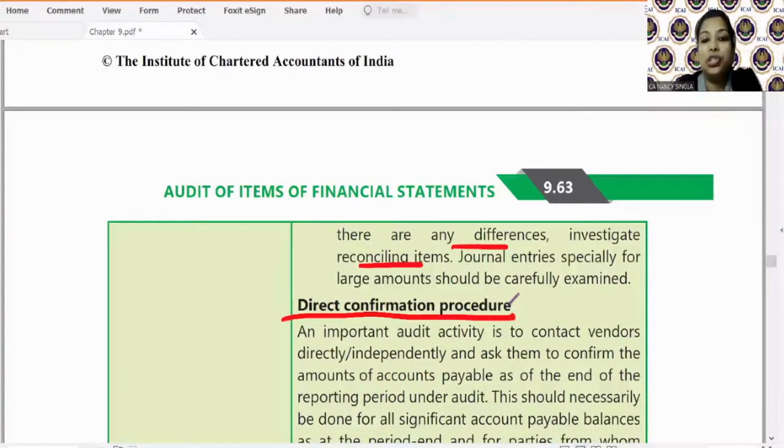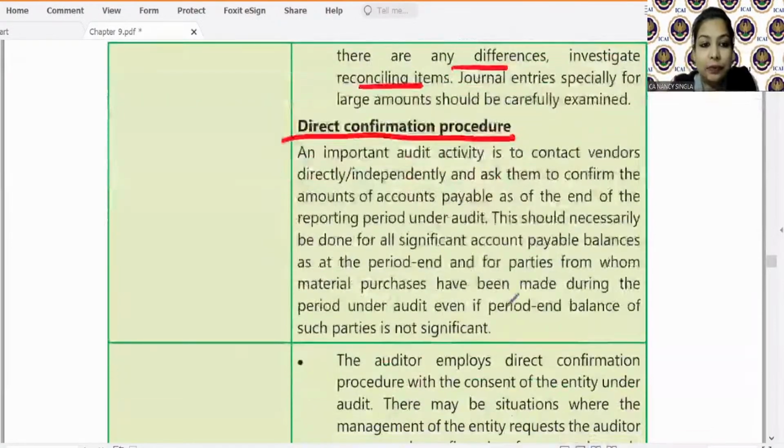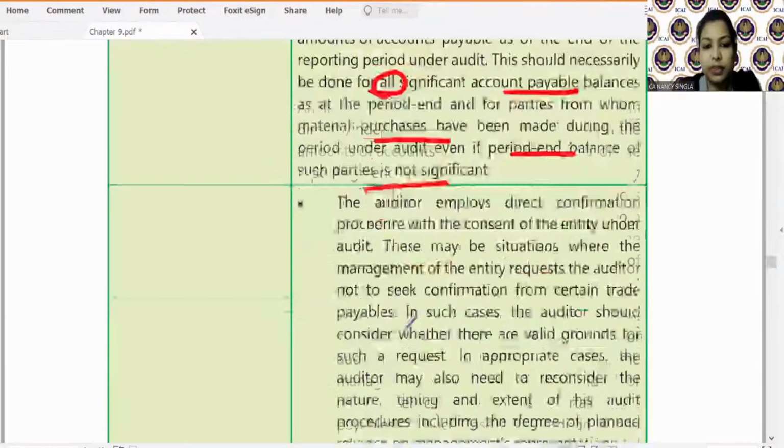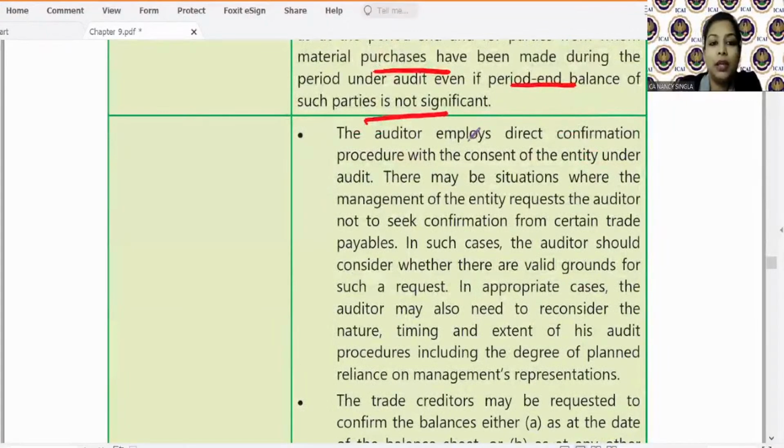Direct confirmation procedure, exactly the same, right? Contact them independently and ask them about all significant account payables, or some other transactions at the period end which are not significant, select some of those also, okay? Then consent of the entity is required.